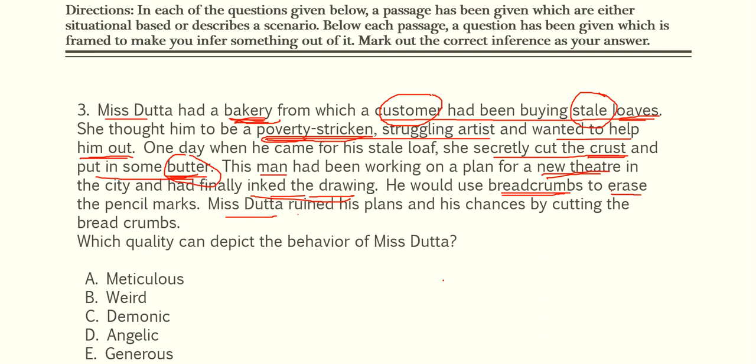Now let us have a look at the options. What has been given in the options now? So what is the meaning of meticulous? Meticulous is an adjective. It means showing great attention to detail, very careful and precise.